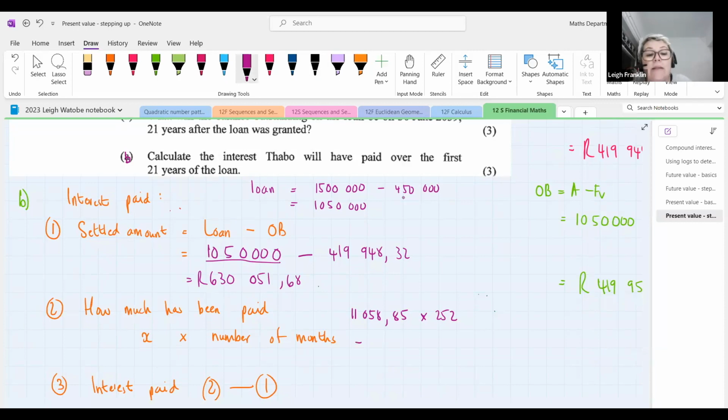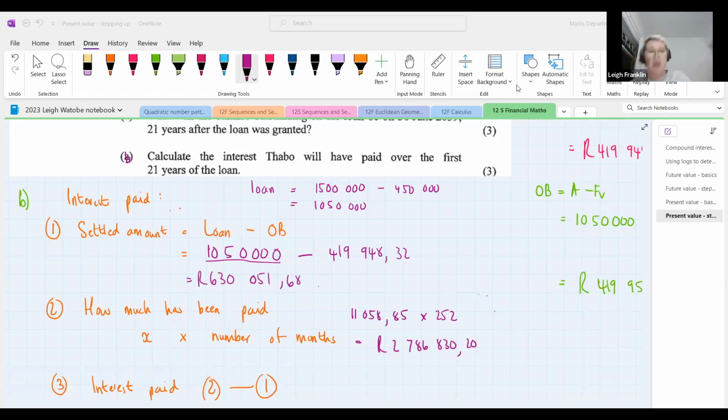So in reality, look how much money he's paid to this bank. 2,786,830 rand and 20 cents. Thabo is bleeding, people. Thabo's not like Mpho that we were learning about the other day that's got 62 million sitting in the bank.